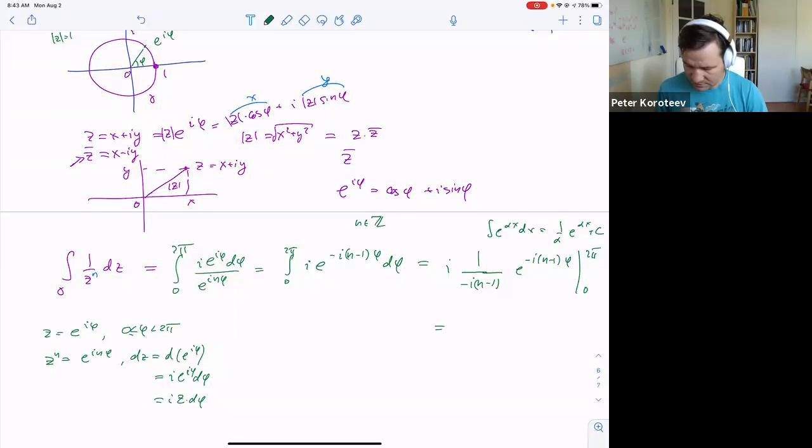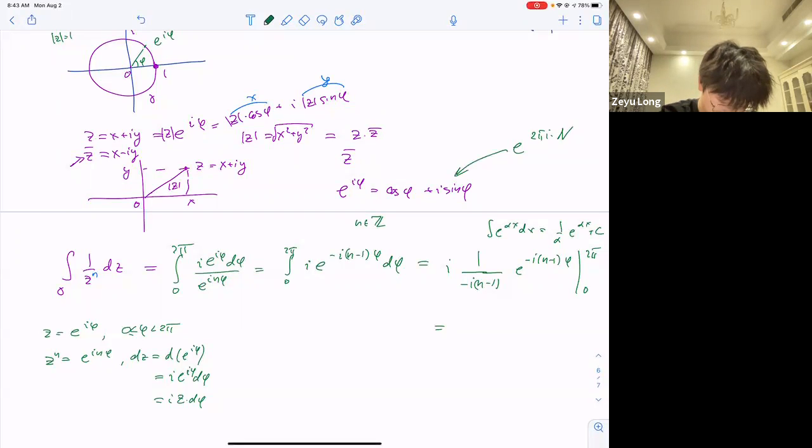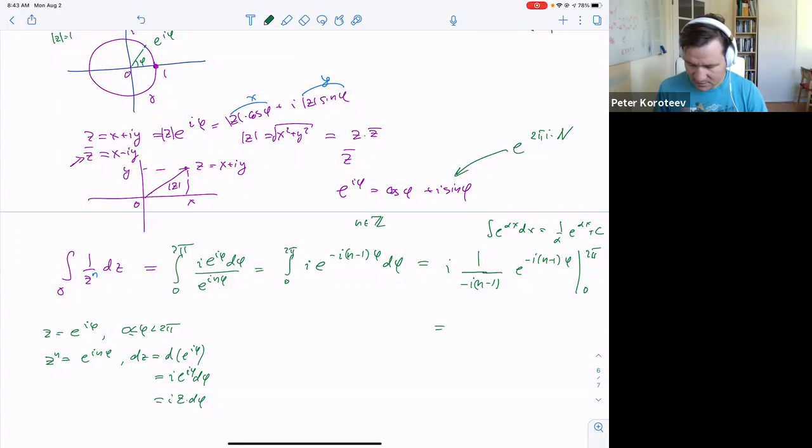So we just need to substitute. So we need to plug in 2 pi, and then you need to plug in 0 and subtract one from another. So what's e to the 2 pi i times n, where n is an integer? So look at this formula, right? A complex exponential is a sum of sine and cosine, right?